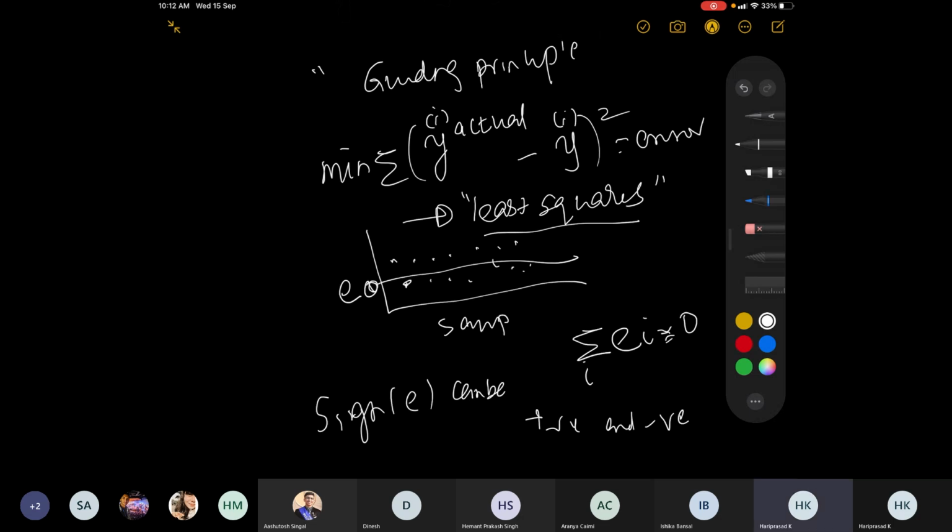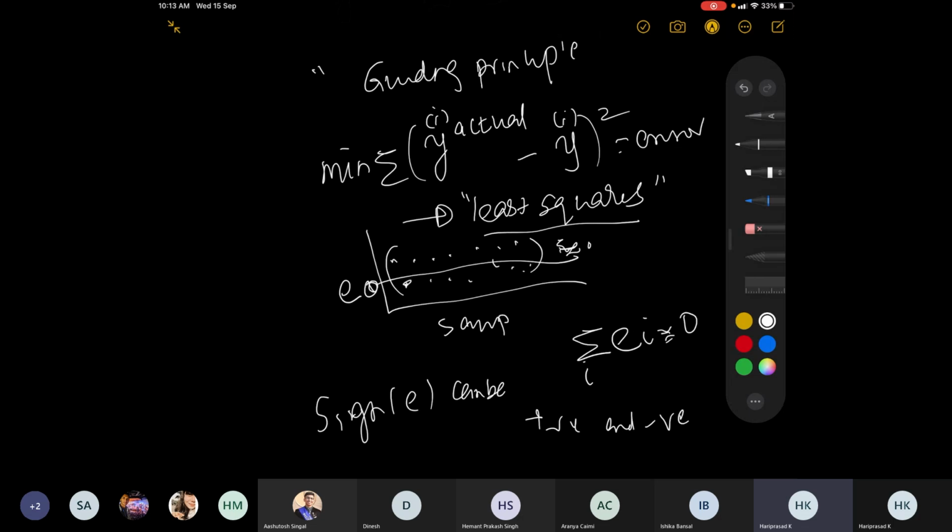This least squares tries to bring in multiple things. One is of course the double side. Your e is oscillating across a mean, which would most likely be zero, because error can be positive or negative. And if you just put a sigma, the overall contribution of all the errors would be very close to zero.